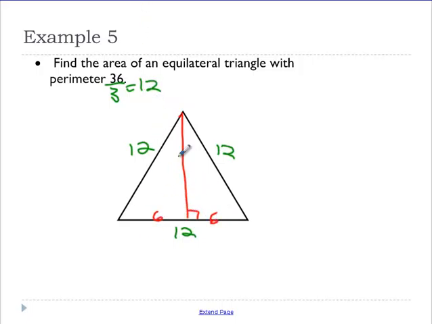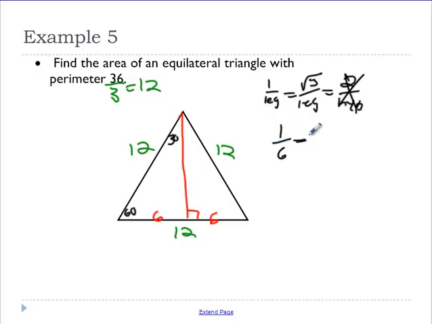Now, what we did when we were doing the right triangle unit was an equilateral triangle split into a 30, 60, 90. So to find the height, I have to do my proportion. 1 over leg equals square root of 3 over leg equals 2 over the hypotenuse. I'm going to use 6. I'm going to use that side, so I don't need the hypotenuse. I can ignore that fraction. 1 over 6 equals square root of 3 over the leg x, which is the height.